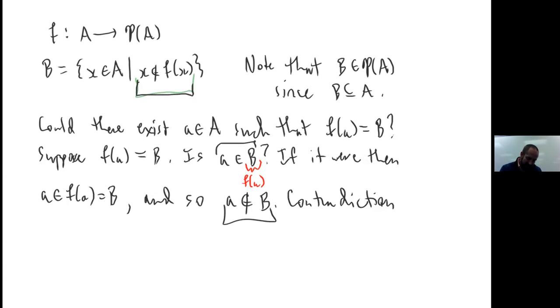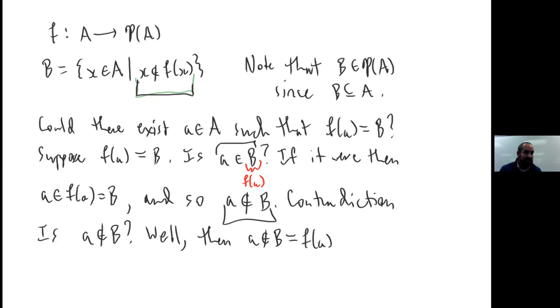Now, let's ask the question the other way. Is A not an element of B? Well, then A would not be in B, but what's B equal to again? By our assumption, f of A. Stare at that for a minute.